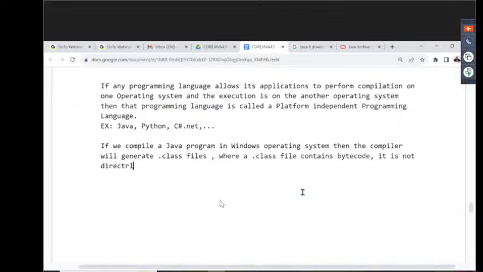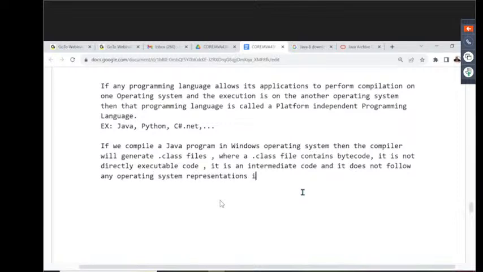It is not directly executable code. It is an intermediate code, and it does not follow any operating system representations, including Windows. Observe carefully. This is the actual situation when we compile a Java program. Right.